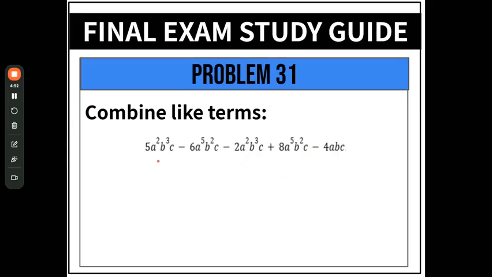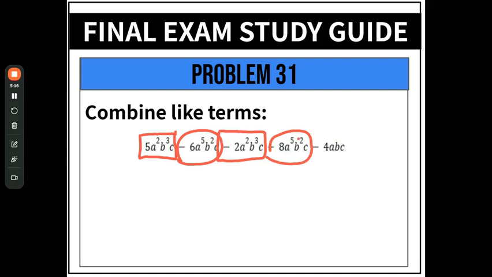So when I'm looking here, I see that this one right here is the same as this one. See, I've got a squared, b to the third, same thing here. Be sure to include the signs in front because they do matter. And then I also see that this one, including the sign, is also the same as this one here. Got a to the fifth, b squared, and c.